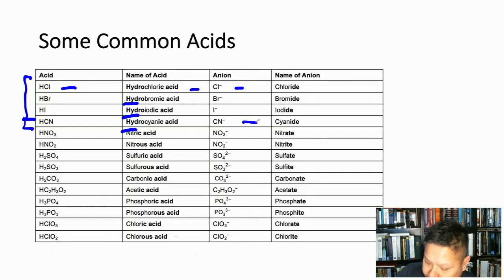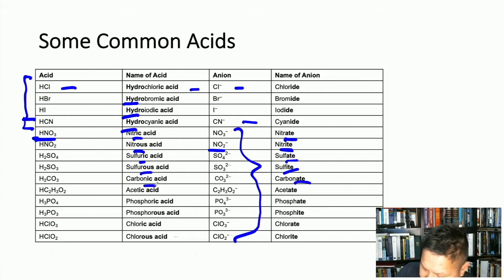Then we come down to the ones with a polyatomic. These are all the polyatomic anions. Notice none of them have hydro in the front of the name. We have here the nitrate ion, and it became nitric acid. We have the nitrite ion, NO2 minus, and it's nitrous acid. Same here with sulfate, sulfuric acid, sulfite, sulfurous acid. Carbonate, carbonic acid, acetate ion is acetic acid.